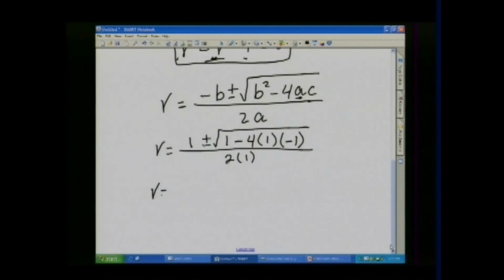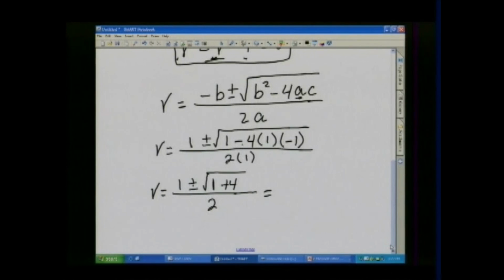Therefore, r is equal to 1 plus or minus square root of 1. You have minus 4 times 1 is minus 4 times minus 1 is plus 4. Let me get rid of some of these extra spaces. Divided by the denominator, which is 2.